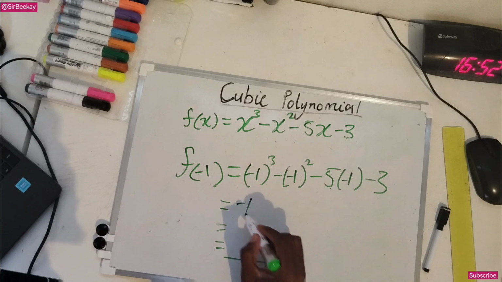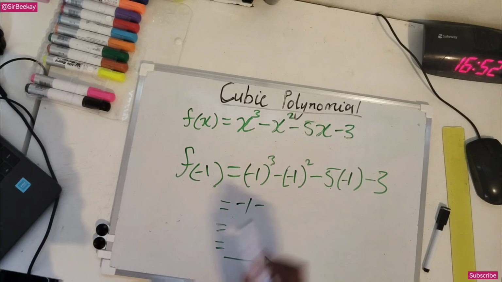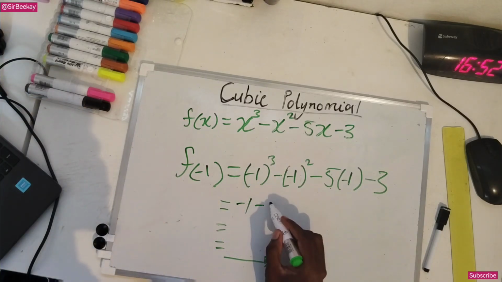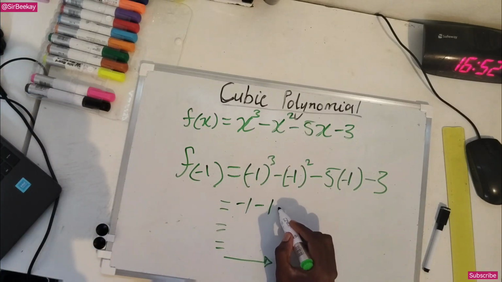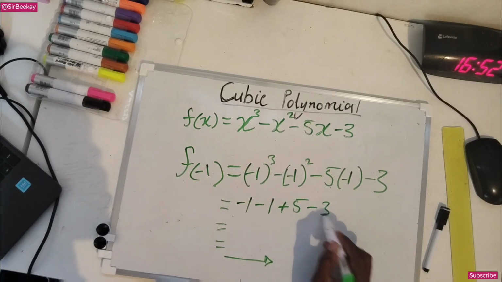This is going to be minus 1 minus 1 plus 5 minus 3.